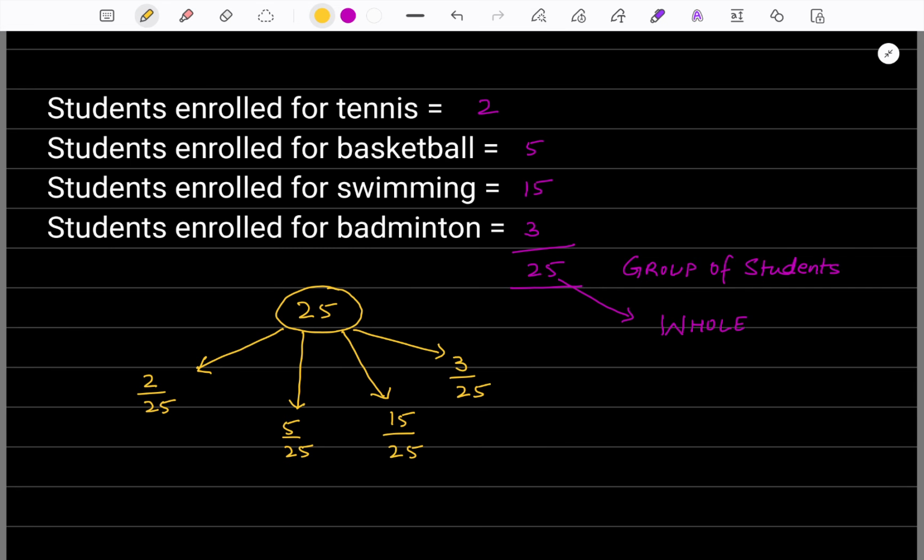So with this example, we showed that the word whole can be used for a group of objects, or a group of students in this particular case. Now, we have come to a point where we have understood what a fraction is and how to represent a fraction.